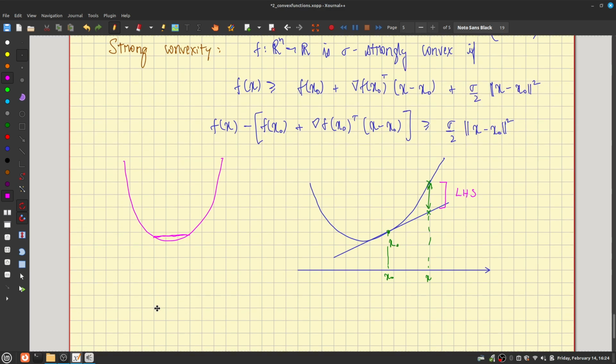So something of the form, say f of x equal to x square for mod x greater than or equal to 1, and equal to 1 for mod x less than or equal to 1. This function is convex, but for all x such that mod x is greater than 1, this is strongly convex, whereas for x between -1 and +1, this function is not even strictly convex.